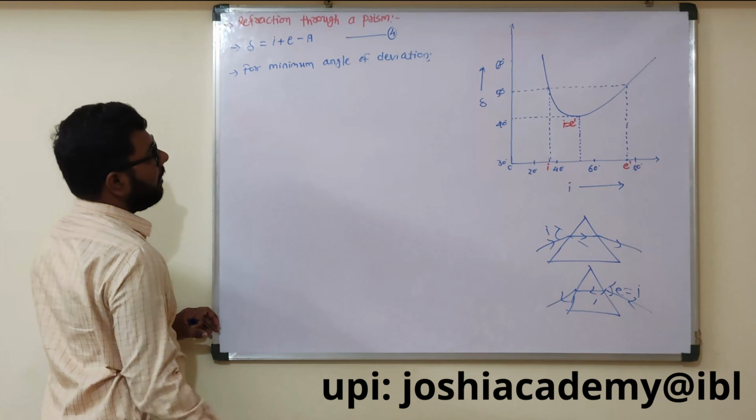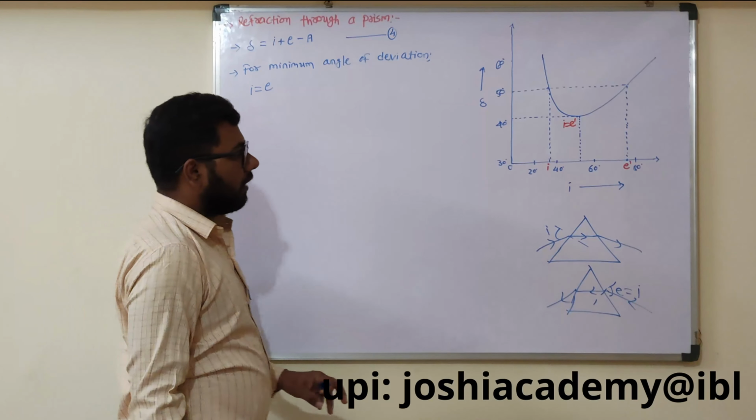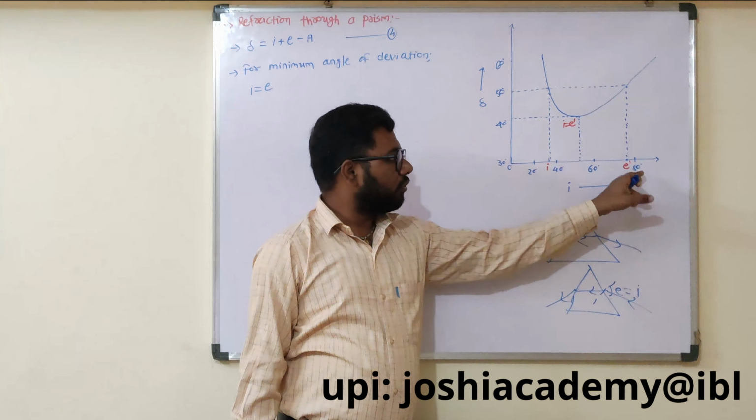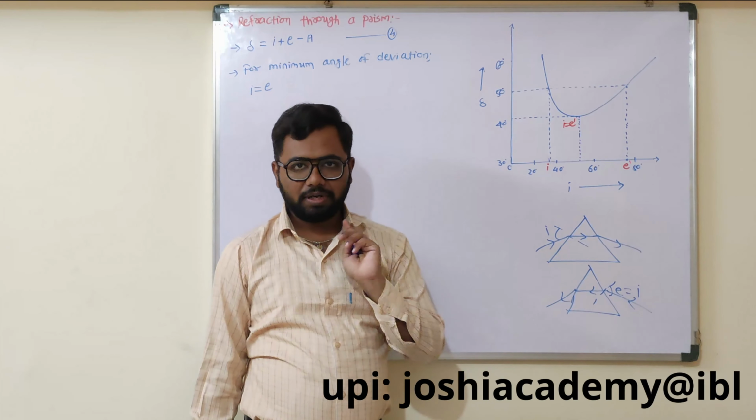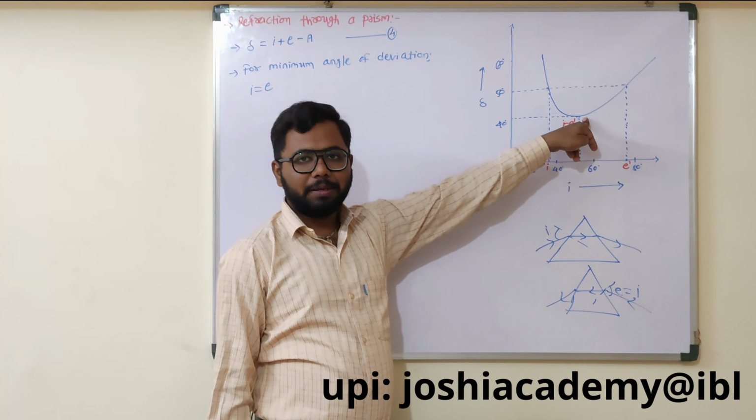For minimum angle of deviation, our condition is that I should be E. Clear? This I should be E.